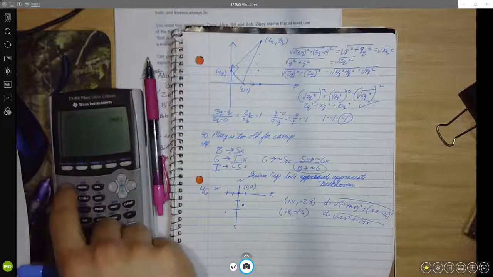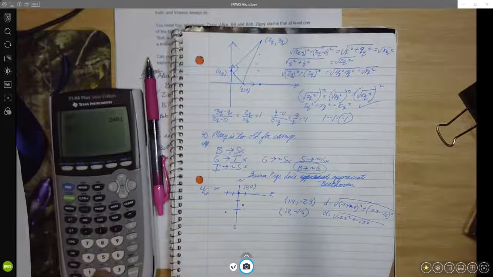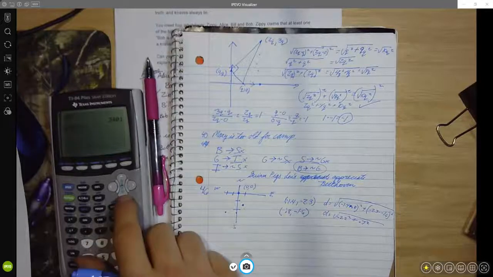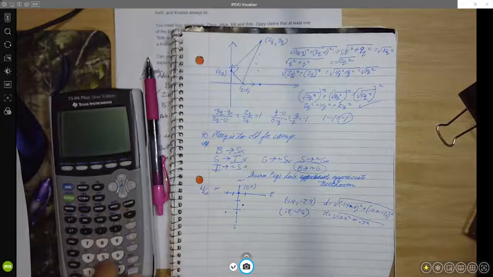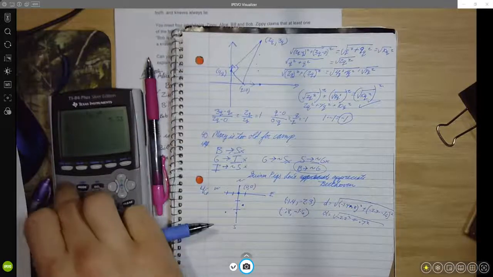So that's going to be, let's do this. I just worry about those tricky negative signs.